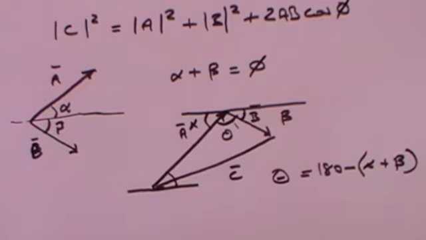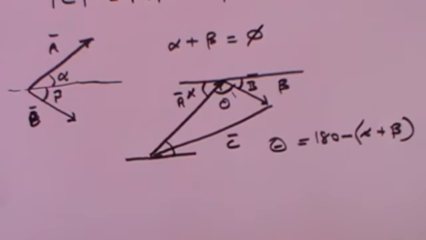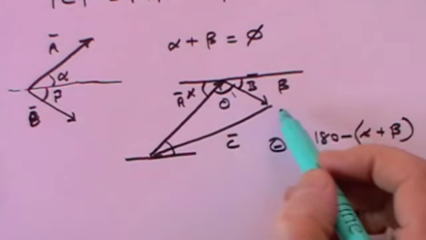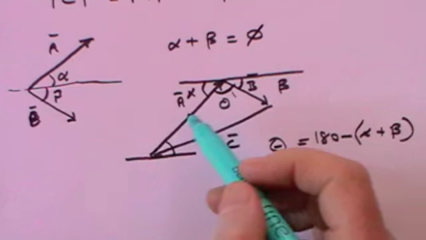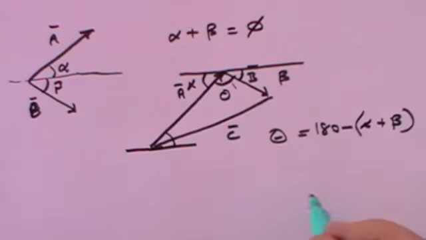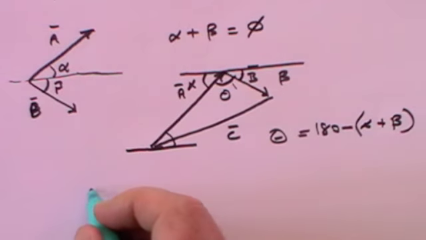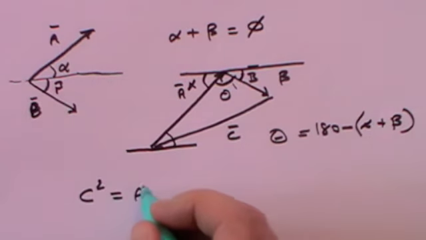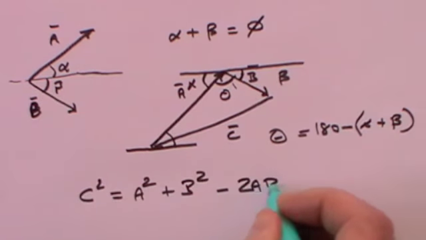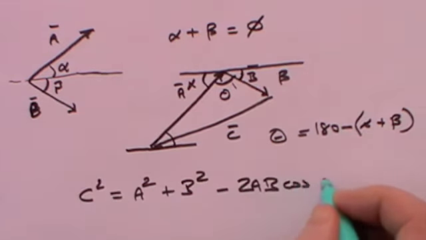And now we can just use the cosine rule, or the cosine formula, that says that whenever you have a triangle like this, it doesn't have to be a right angle triangle, and you've got A, B and C, and the angle opposite C is theta, then the cosine rule says that C squared is equal to A squared plus B squared minus 2AB times the cosine of theta.